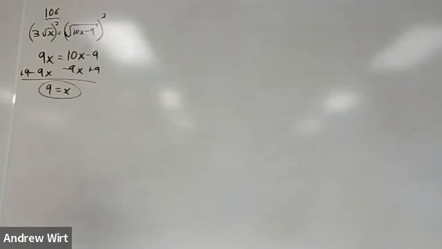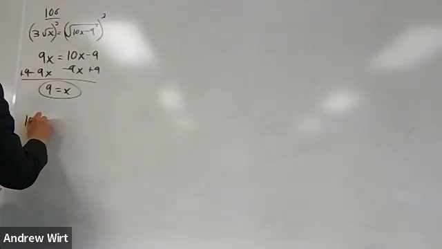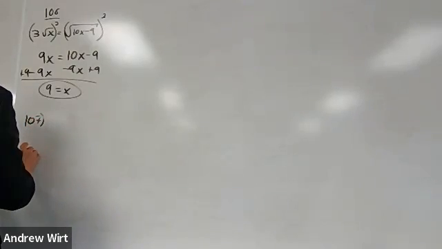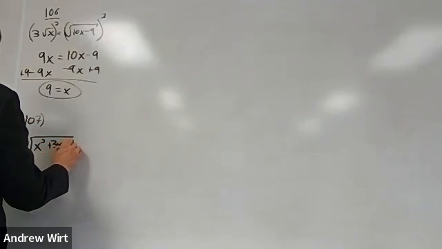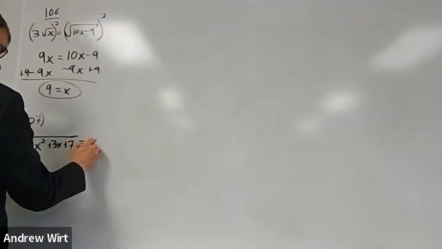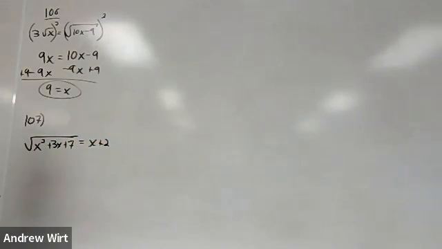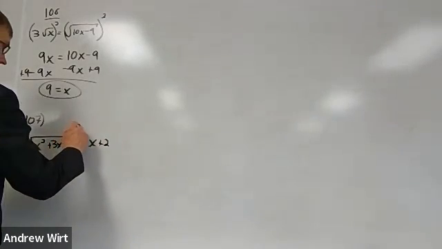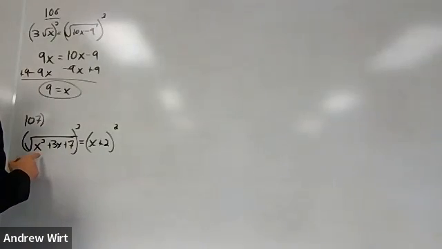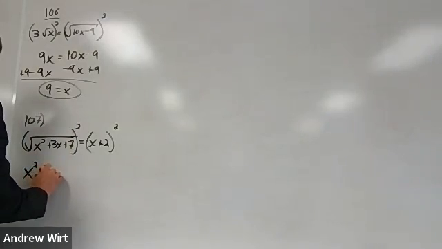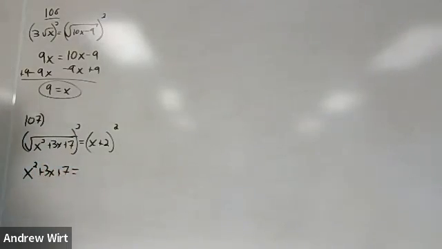All right, 107. So same technique, we're going to square both sides. We'll have to FOIL over here. So this way, we can cancel, so we get x squared plus 3x plus 7.